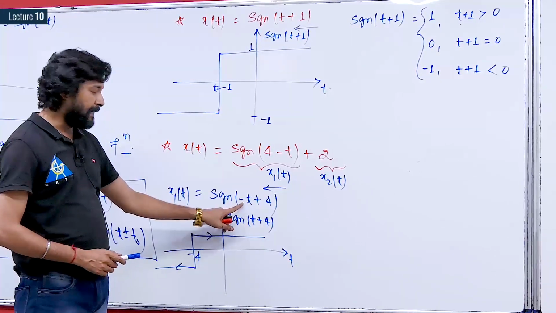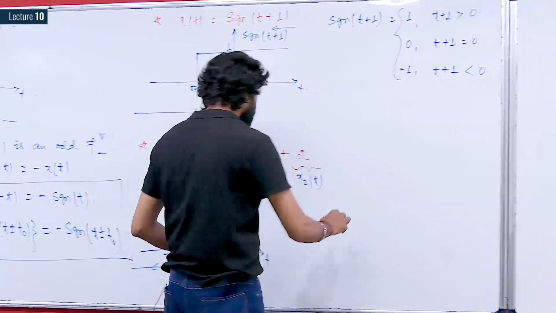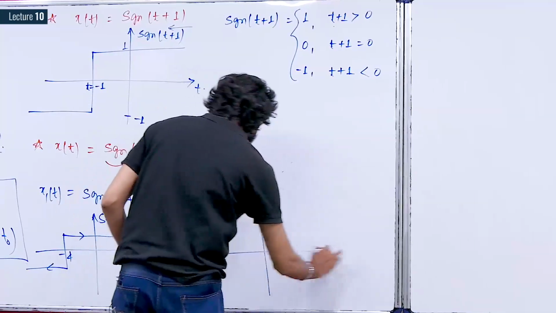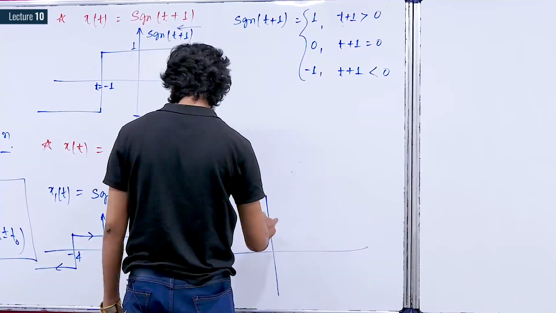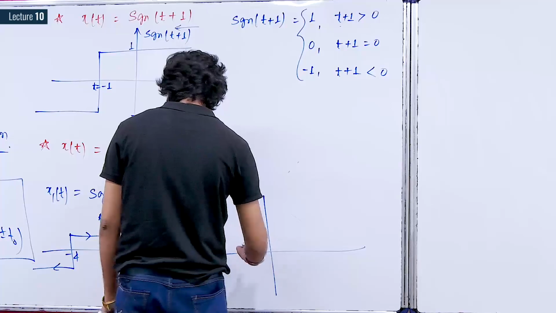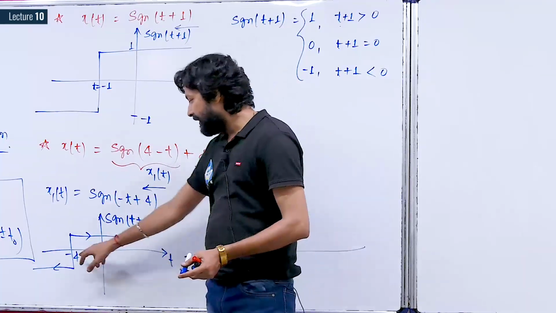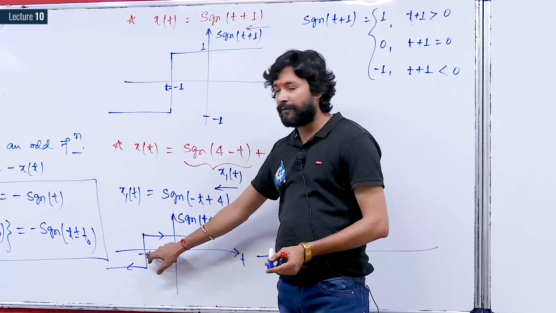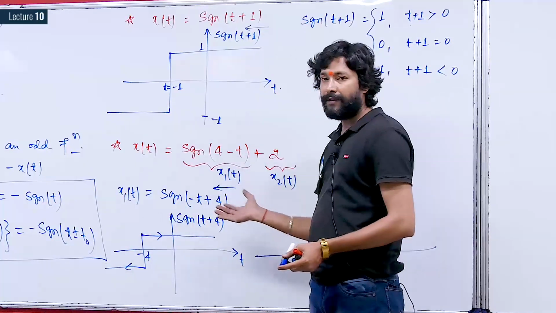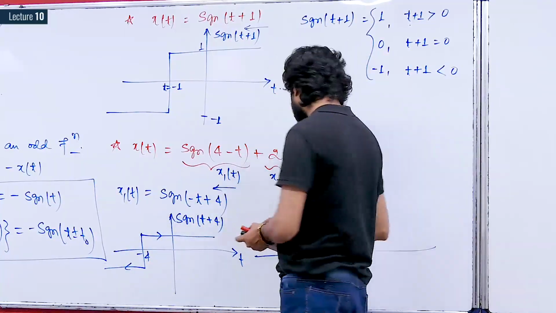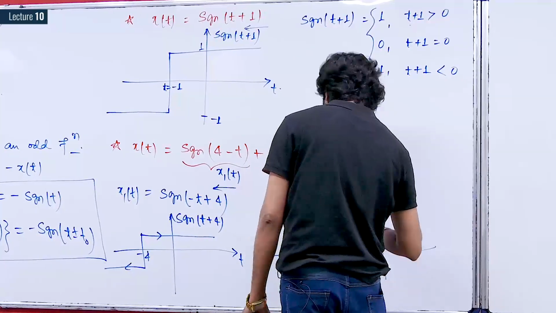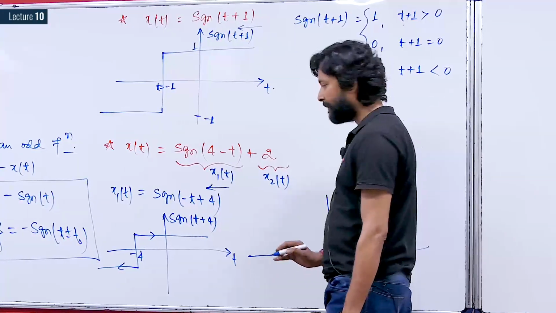Now we have to take time reversal on it. Therefore after taking time reversal, what you are getting is this function, where earlier the discontinuity was lying at minus 4. When you take time reversal, you shift all negative values to the positive side. So this discontinuity will now lie at t equals plus 4.